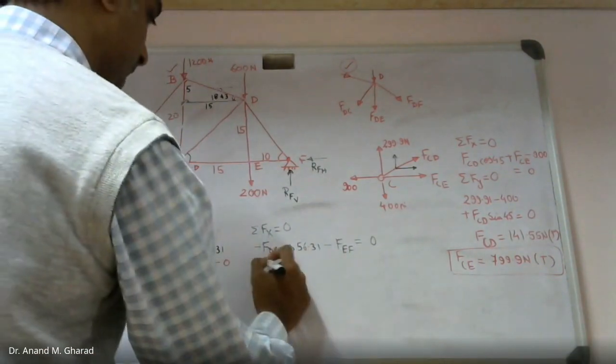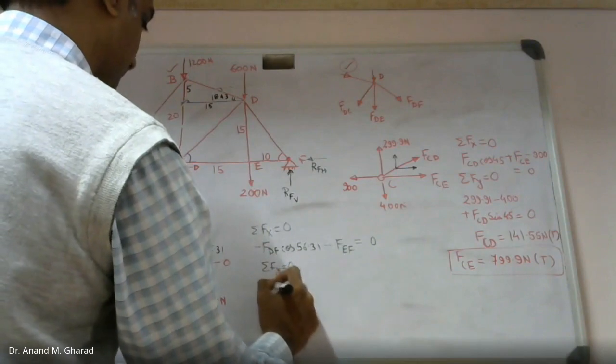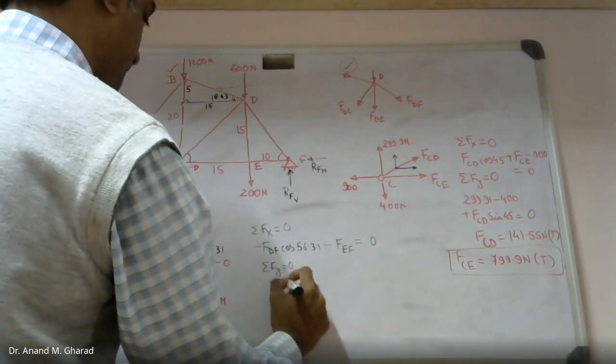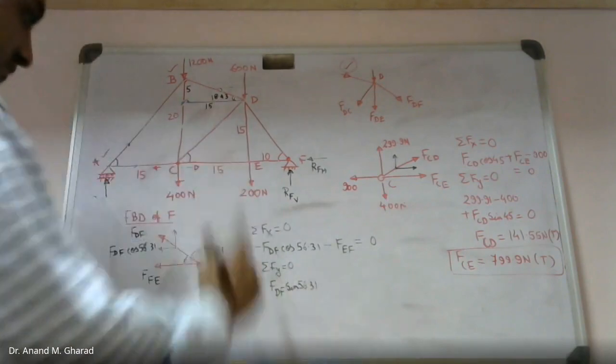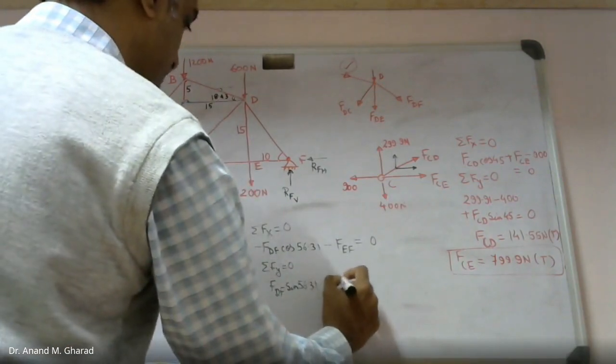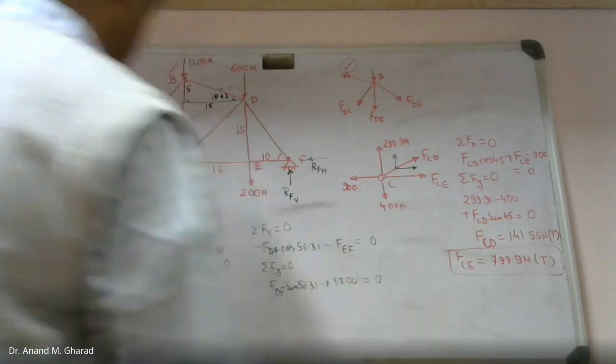Then FDF sine 56.31, which is positive and upward, plus 1200 equal to 0.